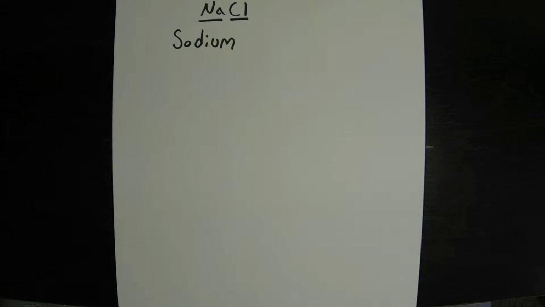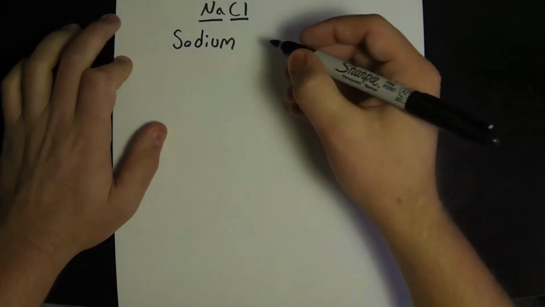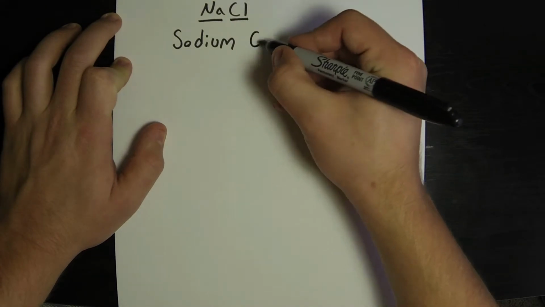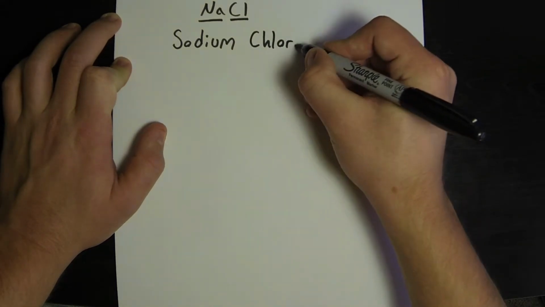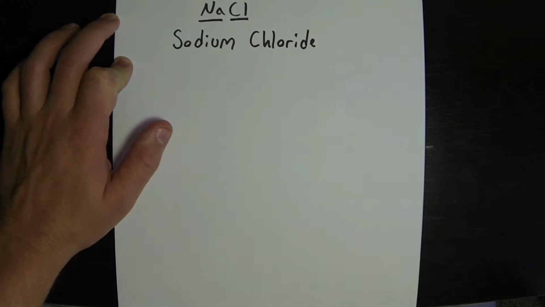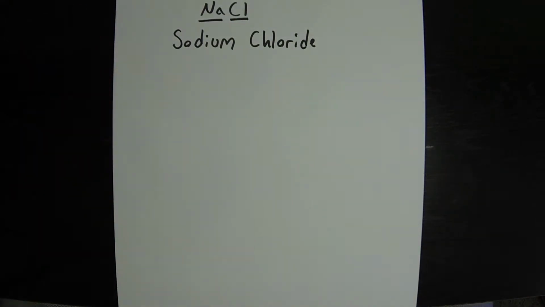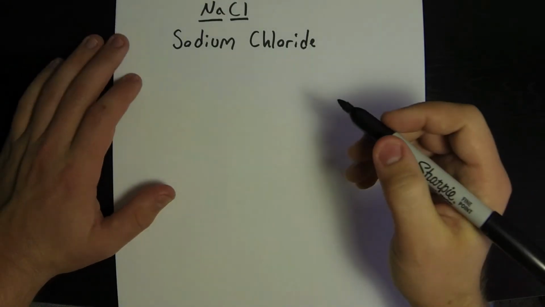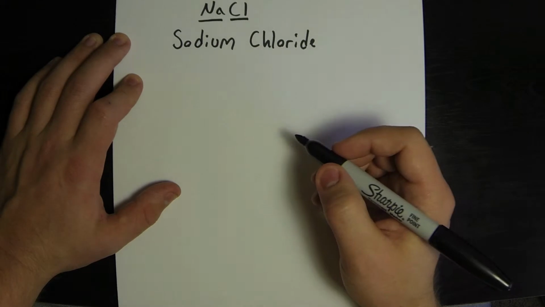So it would be chlor, which is the first syllable, and then ide, so chloride. So the answer to this one is sodium chloride. Well, we probably already knew that, and you're probably sitting in your seat like, okay, Drew, that wasn't helpful. And you're right, it probably wasn't, because that was a simple case. So I'm going to throw one that's a little bit more difficult at you.